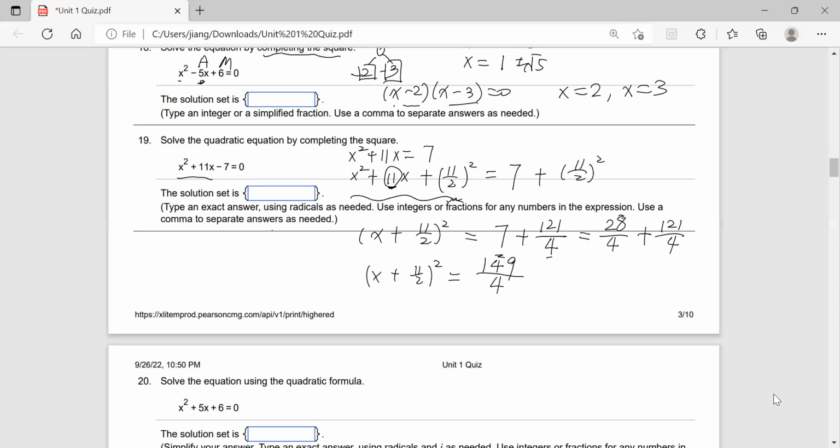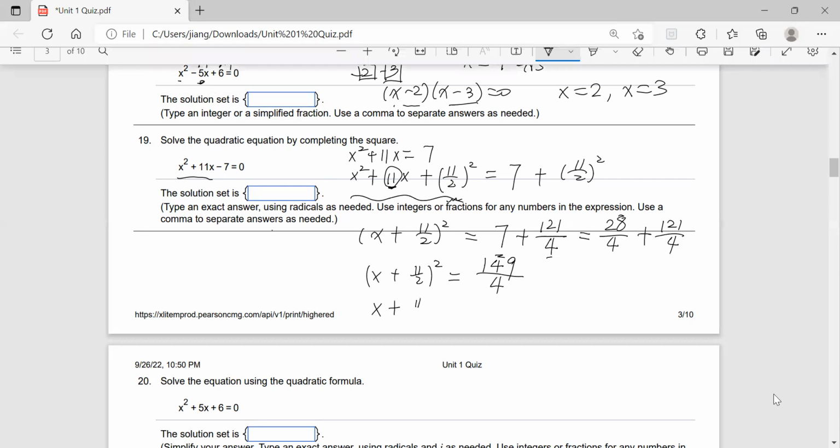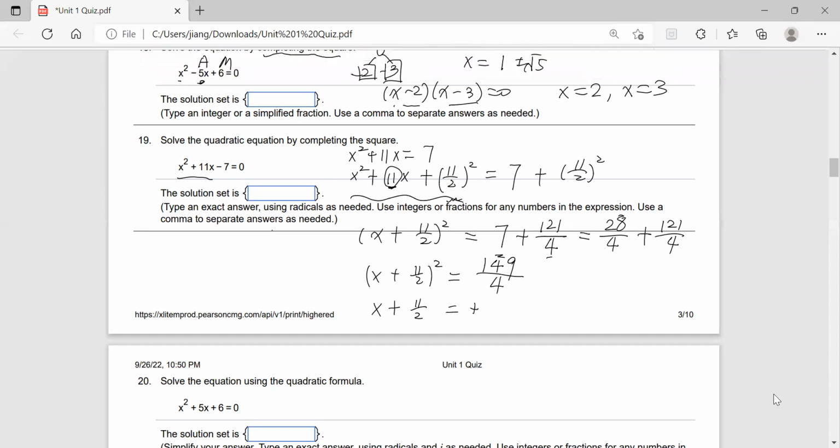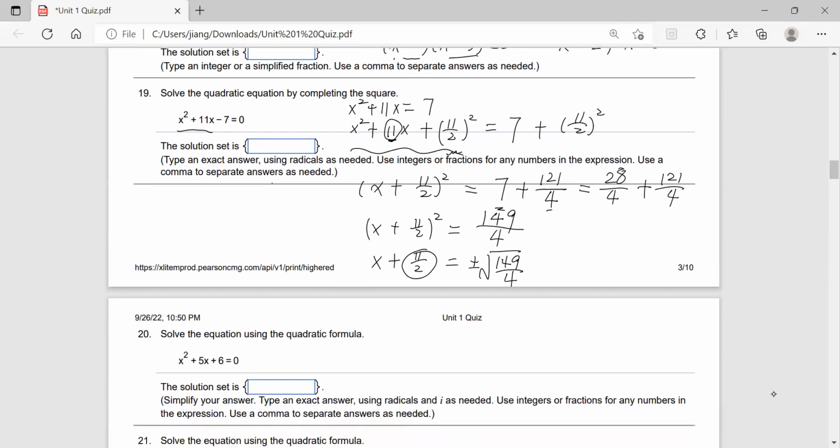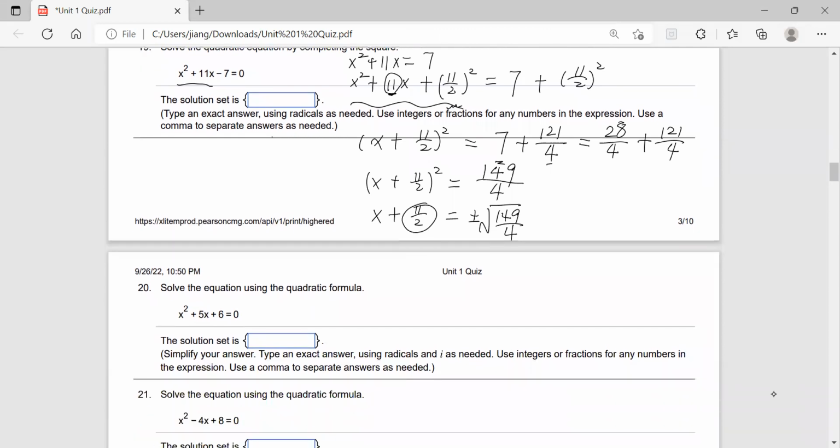And then take the square root of both sides. So x plus 11/2 equals positive or negative square root of 149/4. And then we continue to simplify that by subtracting 11/2. So you'll find the solutions.